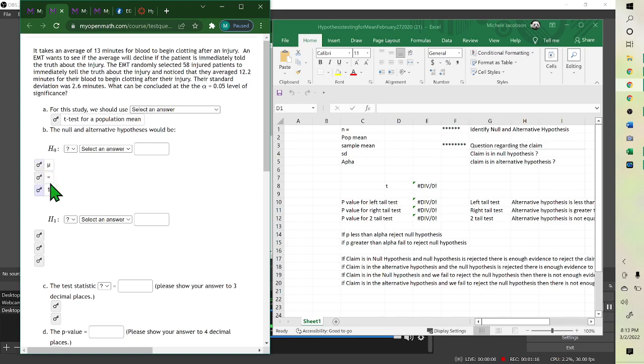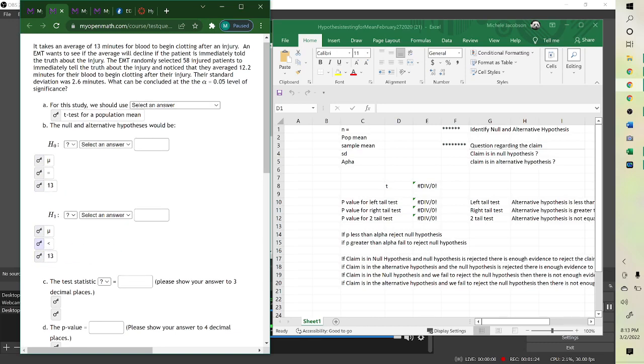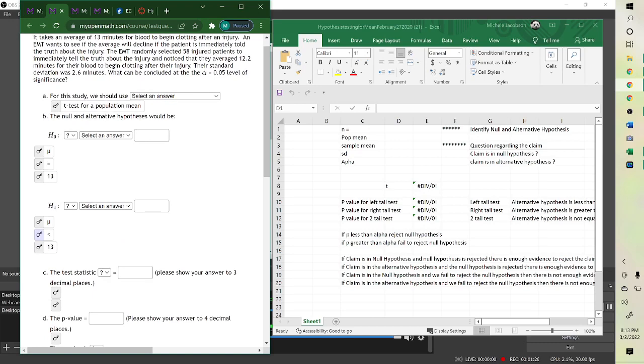So mu equals 13, and then this one will be mu and 13, and we want to see a decline, so it's less than. And less than is a left tail. Now to find these values, you just enter here. So, oops. Our sample size was 58 injured patients, so 58.